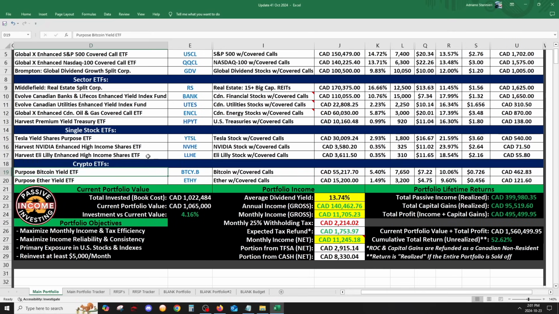I'm basically doing it for you guys, and I guess for me as well. You can see throughout the months and years, my net monthly income is going up. And then you have the portion of where the money's coming from. From the TFSA is almost $3,000, and the rest is coming from the non-registered account.